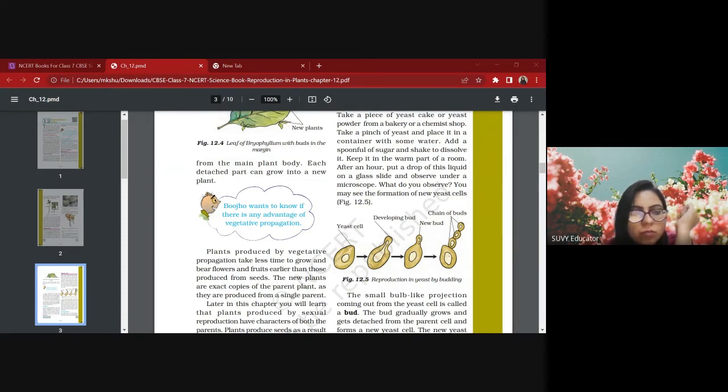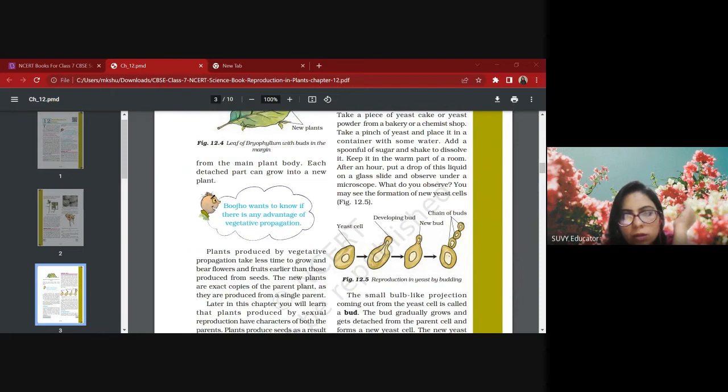Okay. After some time, it will grow, and the nucleus will also grow. Then again, it will grow, and what will happen? A budding outgrowth will come, and that nucleus will be there in this outgrowth.